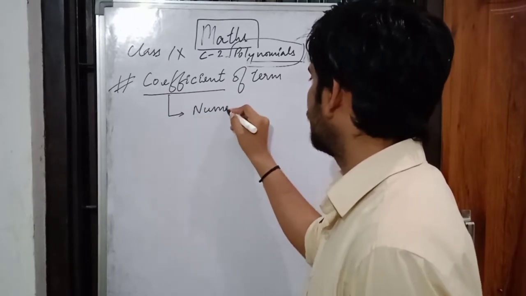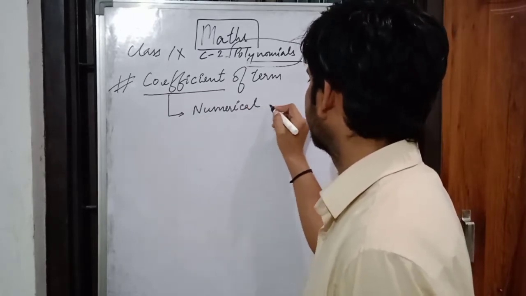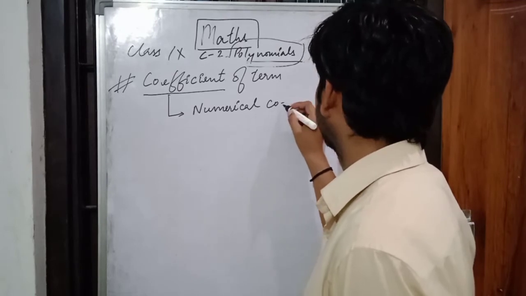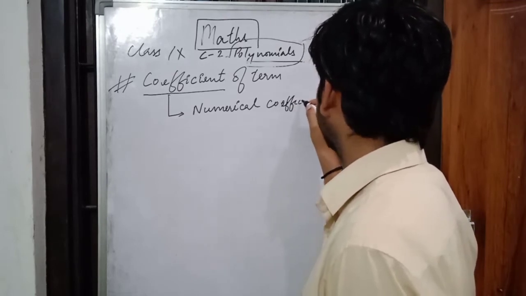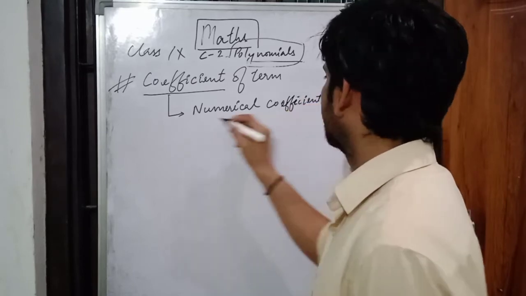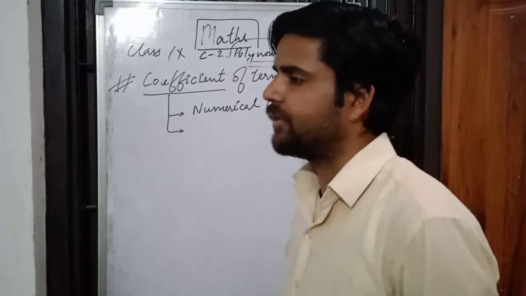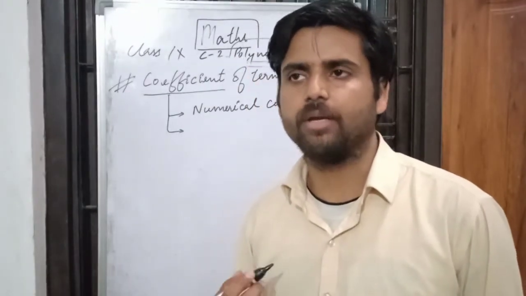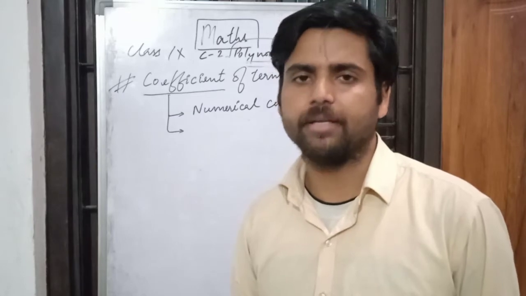One is the numerical coefficient. Second is the coefficient of any variable or any number of that term.